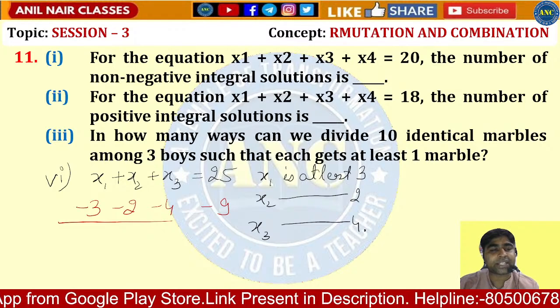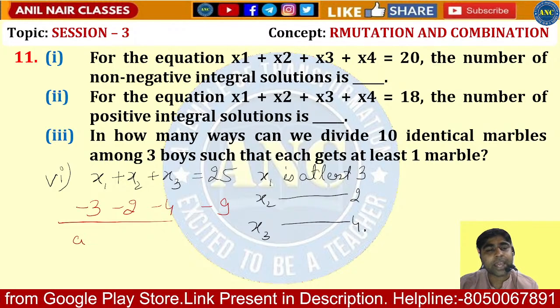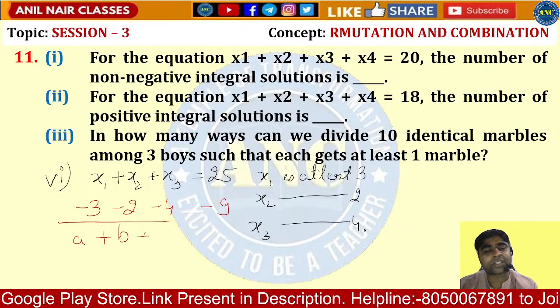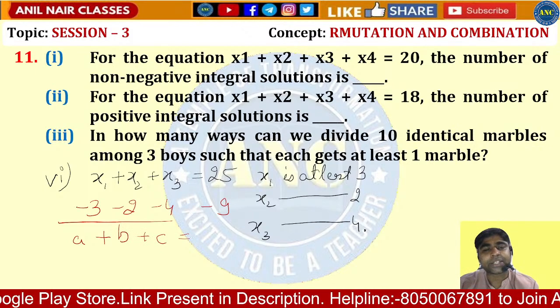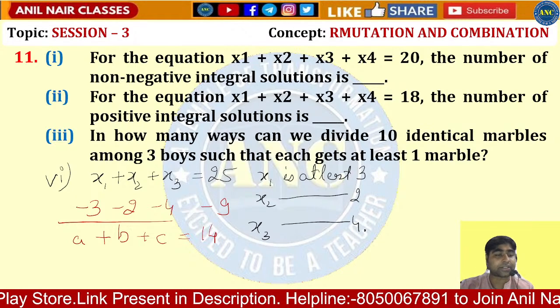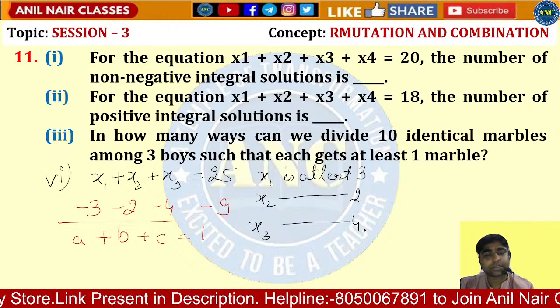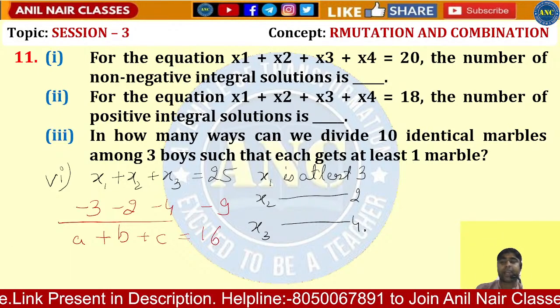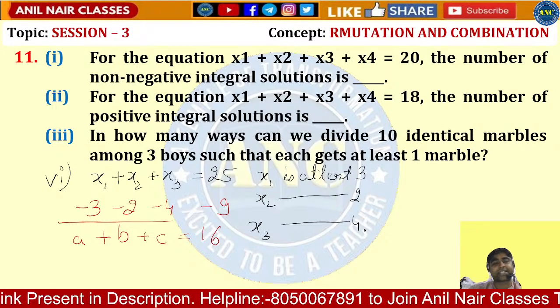x1 minus 3, let's call it A. x2 minus 2, let's call it B. And x3 minus 4, let's call it C. This is equal to 14 now. Oh, sorry, 15. 16 actually. So A plus B plus C I am supposed to take as 16.